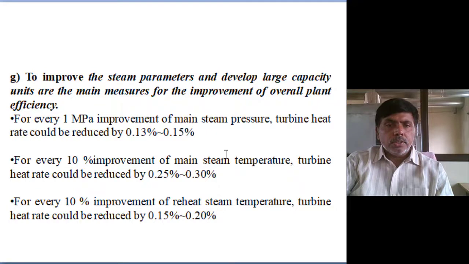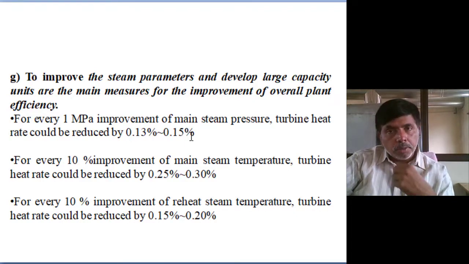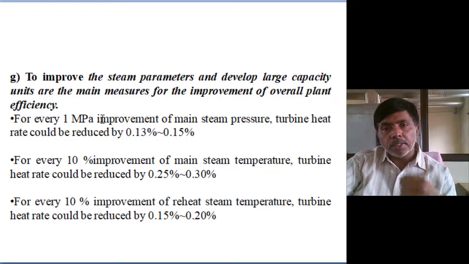Some calculations: for every 1 megapascal improvement of main steam pressure, the turbine heat rate could be reduced by 0.13% to 0.15%. That is the heat input to the turbine boiler; for a 1 megapascal rise, this much heat input we can reduce.